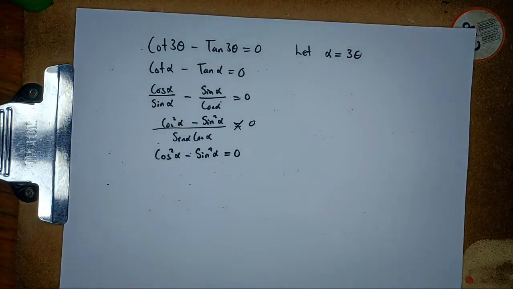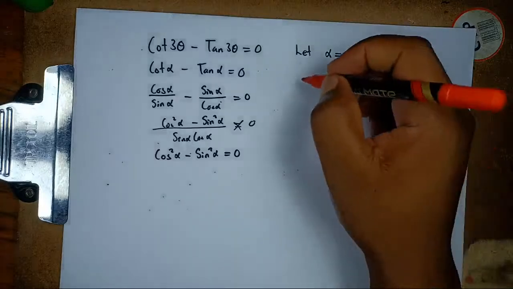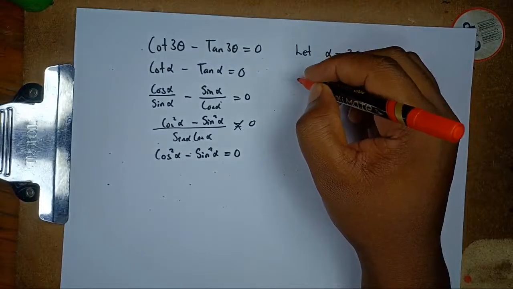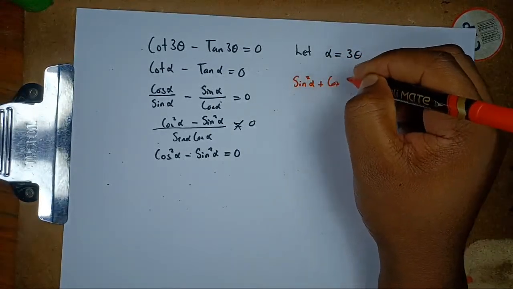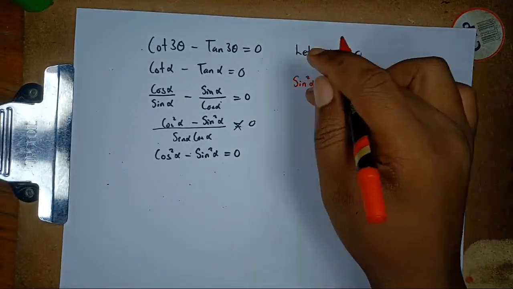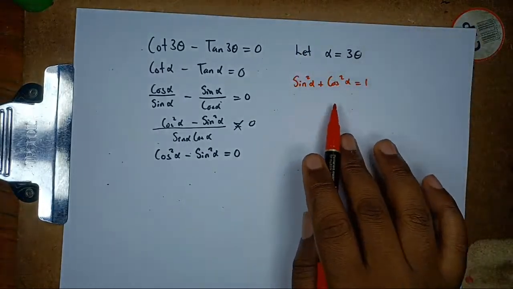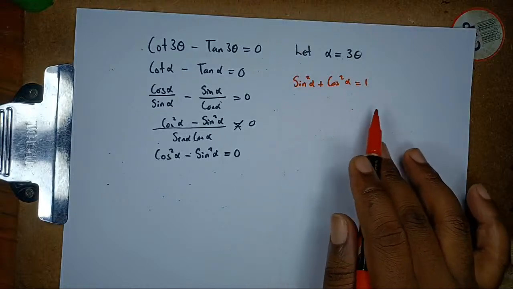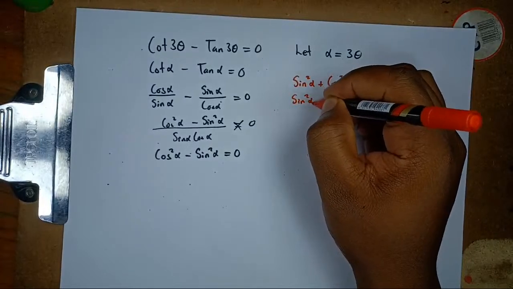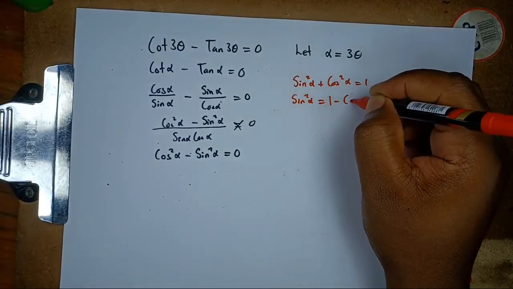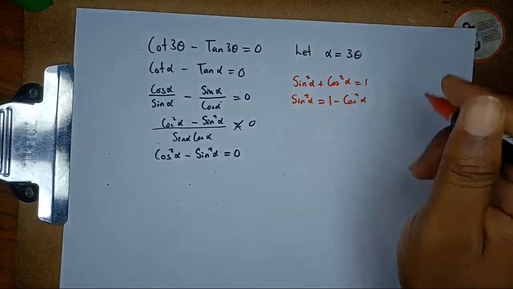So if that's the case, we need to bring in an identity. Now, the identity we're going to bring in is this one. Remember this guy, sine square alpha plus cos square alpha is equal to 1. So you make one of them the subject. In this case, for example, let me make sine the subject. So I'll have sine square alpha is equal to 1 minus cos square alpha.